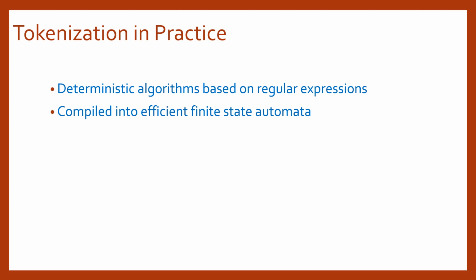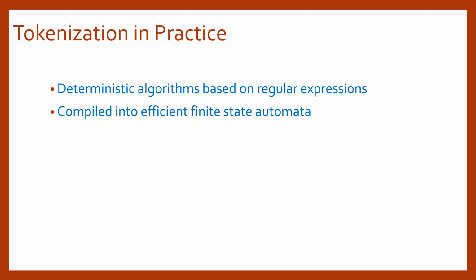So mostly, tokenizers use deterministic algorithms based on regular expressions. Regular expressions consider all your heuristics, you convert them into regular expressions, and based on that you tokenize your corpus.